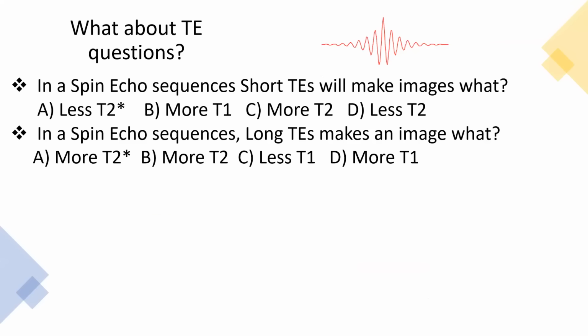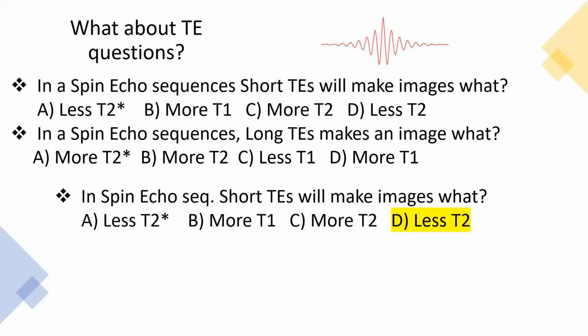So what about a TE question? In a spin echo pulse sequence, shorter TEs will make your images what? Short TEs are going to make them what? Spin echo pulse sequence, long TEs are going to make your image what? Again, this is basically the same question, just wanting to know if you know what short and long TEs do to your image contrast.